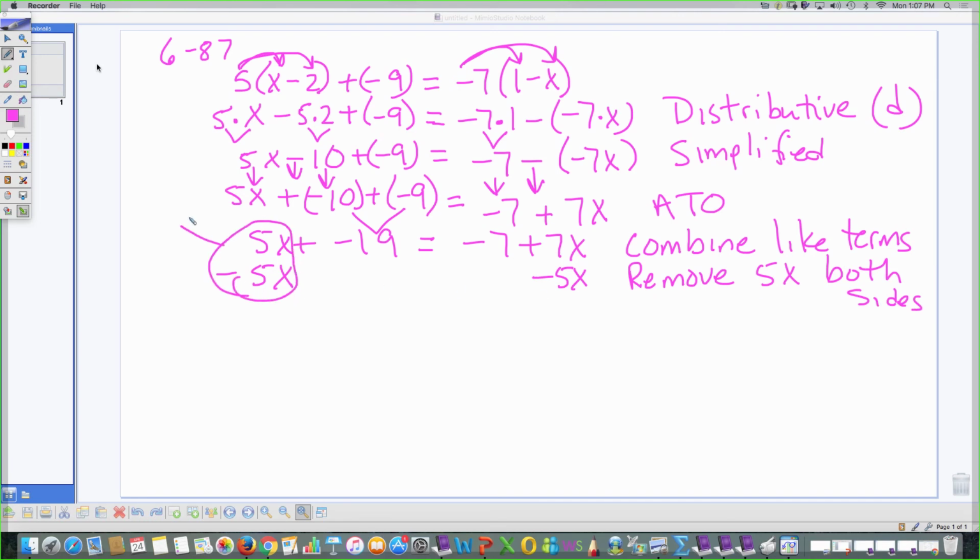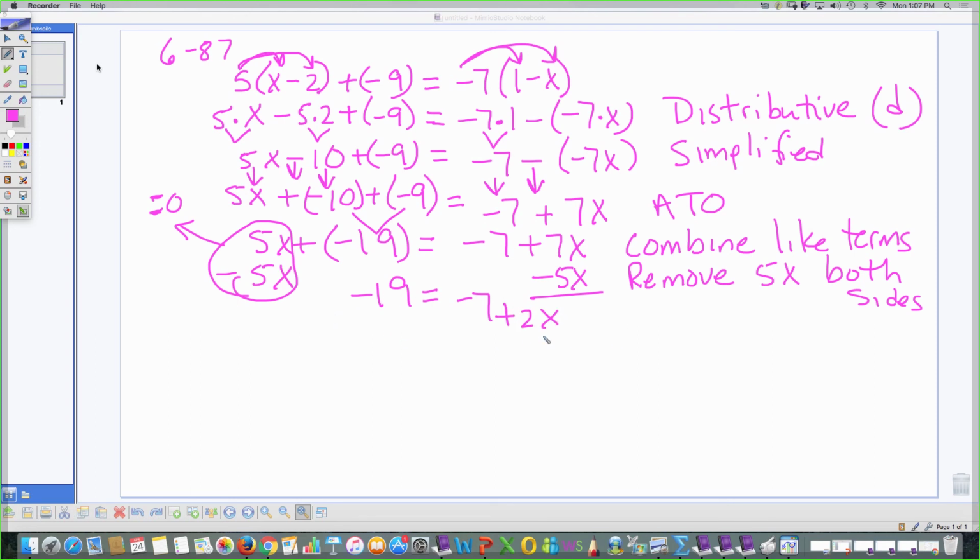So this is going to be a 0. Sorry, that's kind of messy. And what's left over on this side is, sorry, I forgot my parentheses, -19. And then I have -7, and 7x minus 5x is 2x.